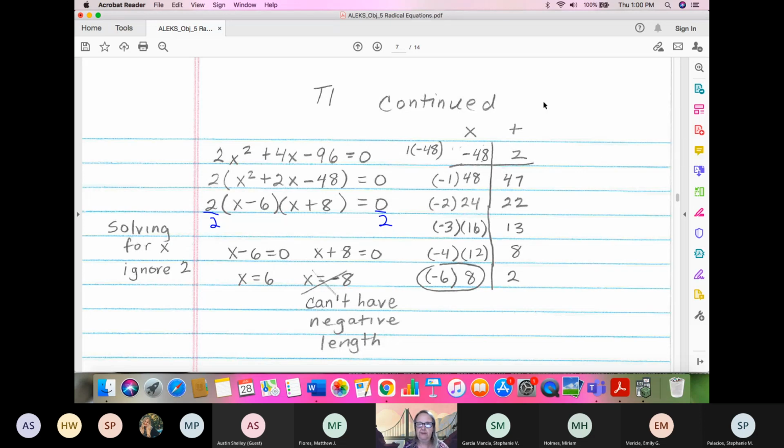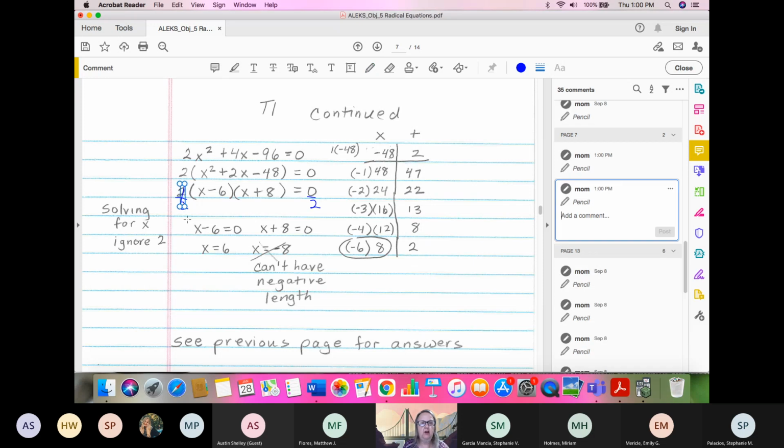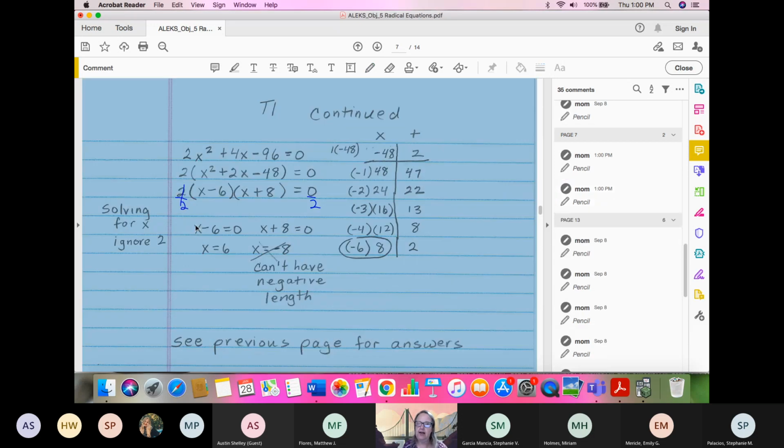You can cross them out if you want, but it's important to understand why you're crossing them out. 2 divided by 2 is 1. 1 times what's left is what's left on this side, which is x minus 6 times x plus 8. 0 divided by 2 is still 0.